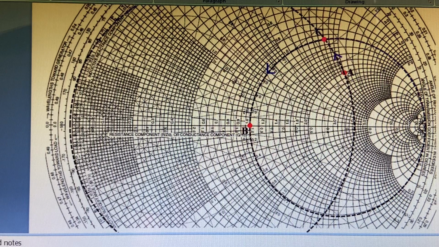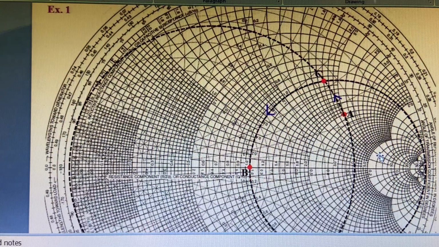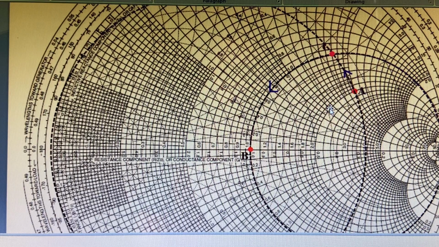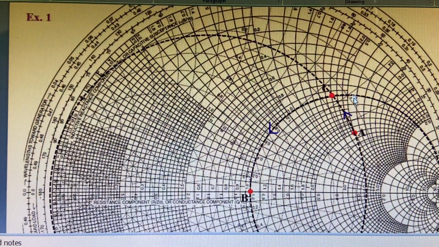It is the intersection of the R equal to 2 circle and the X equal to 2 circle. They intersect at this position, which gives the load point A.